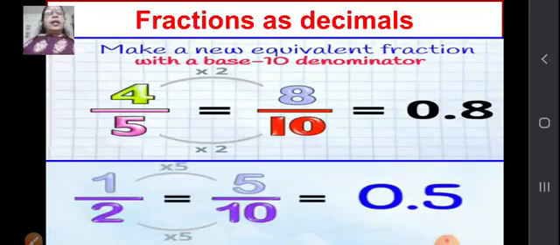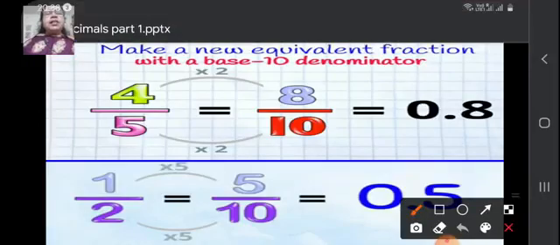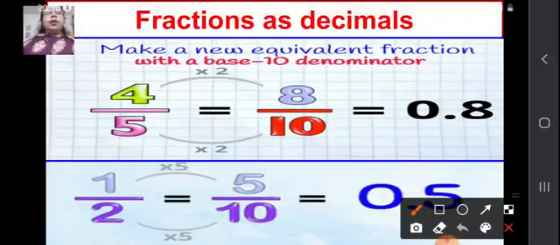Now, let us see how we express or change the fractions as decimals. For the fractions to be expressed as decimals, we should have the denominator as 10 or multiples of 10.